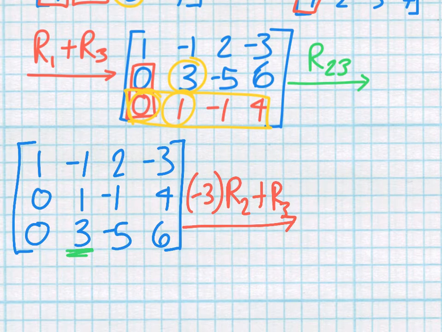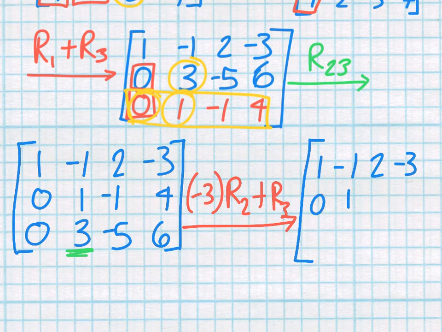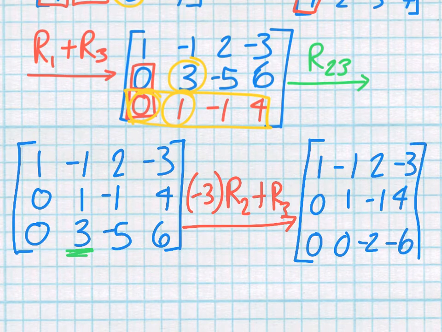And the new matrix that gives us should look like 1, -1, 2, -3, 0, 1, -1, 4, 0, 0, -2, -6. Cool, we're getting ever closer to this row echelon form. Almost there.